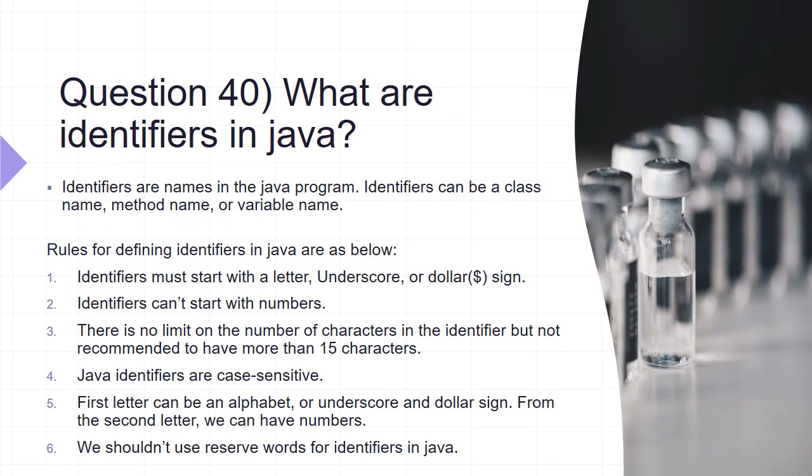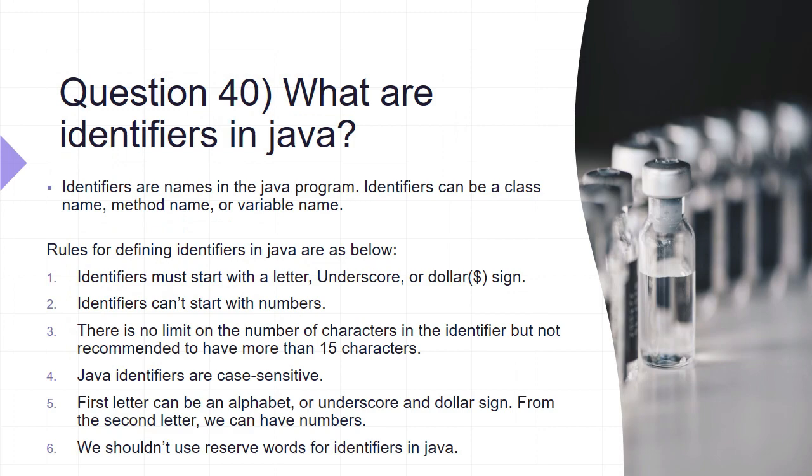Question 40. What are identifiers in Java? Identifiers are names in the Java program. Identifiers can be a class name, method name, or variable name. Rules for defining identifiers in Java are as below. Identifiers must start with a letter, underscore, or dollar sign.